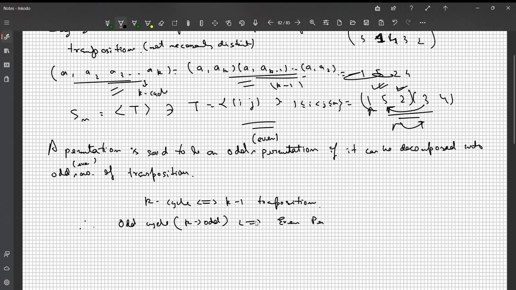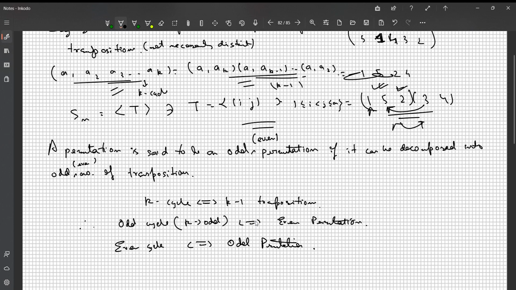Therefore, if you have an odd cycle, meaning k is odd, that is, the length of the cycle is odd, then an odd cycle gives you an even permutation. Because if k is odd, then k minus 1 is even, right? So it can be decomposed into an even number of transpositions, so it becomes an even permutation.